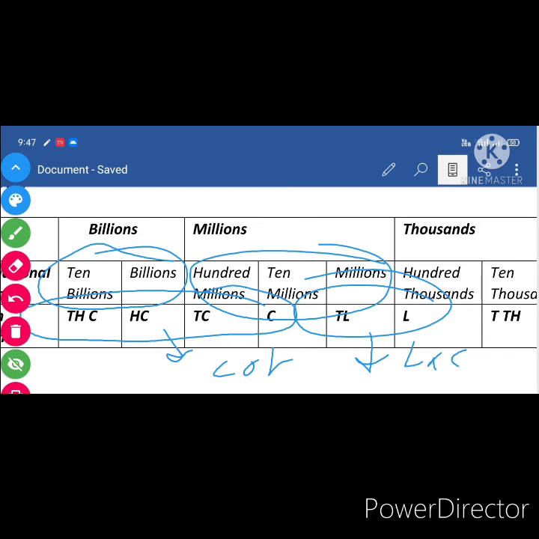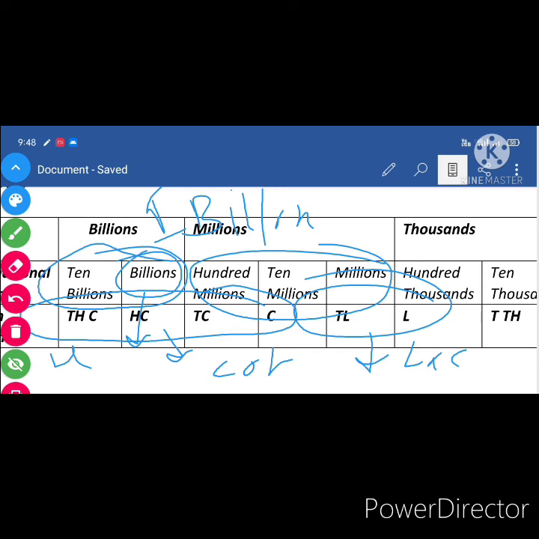If anyone says that the income of Ram is 1 billion, then in Indian currency you can see that 1 billion equals 100 crores. So he earns 100 crores.